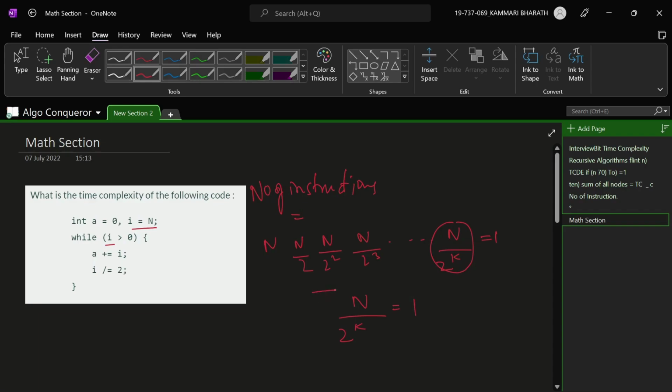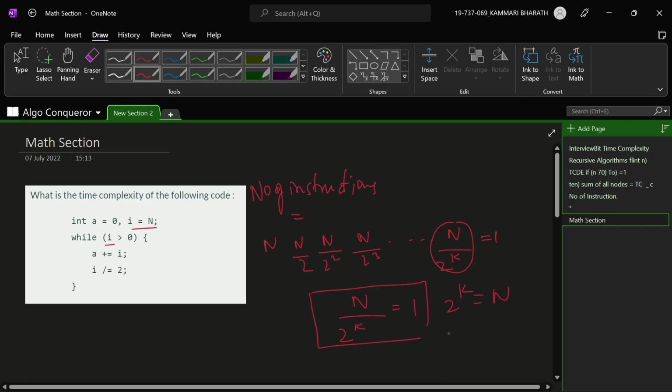Now n by 2 power k is 1, which means 2 power k is equal to n. Apply log on both sides. K is equal to log n to the base 2. Now you got the k, and how many terms are there? Obviously, k is equal to 0, k is equal to 1 until k.